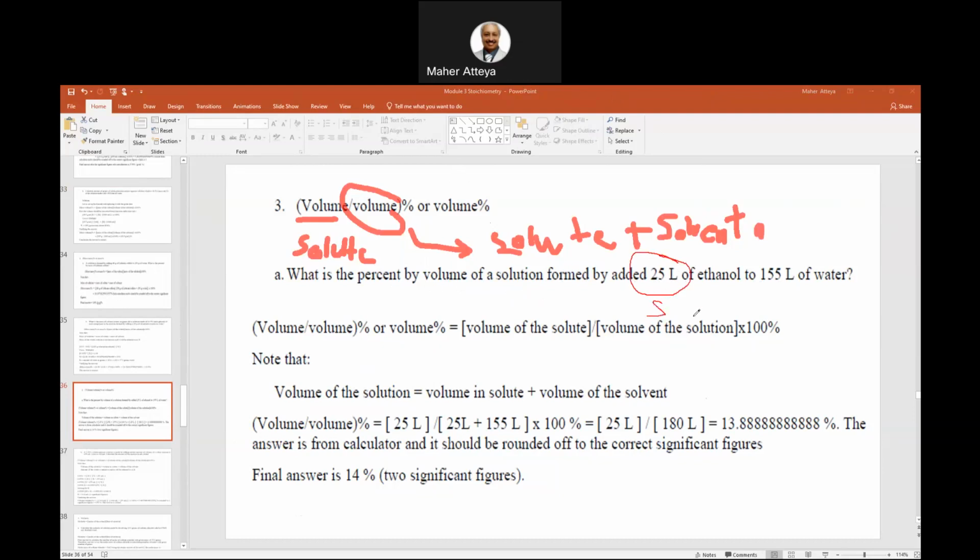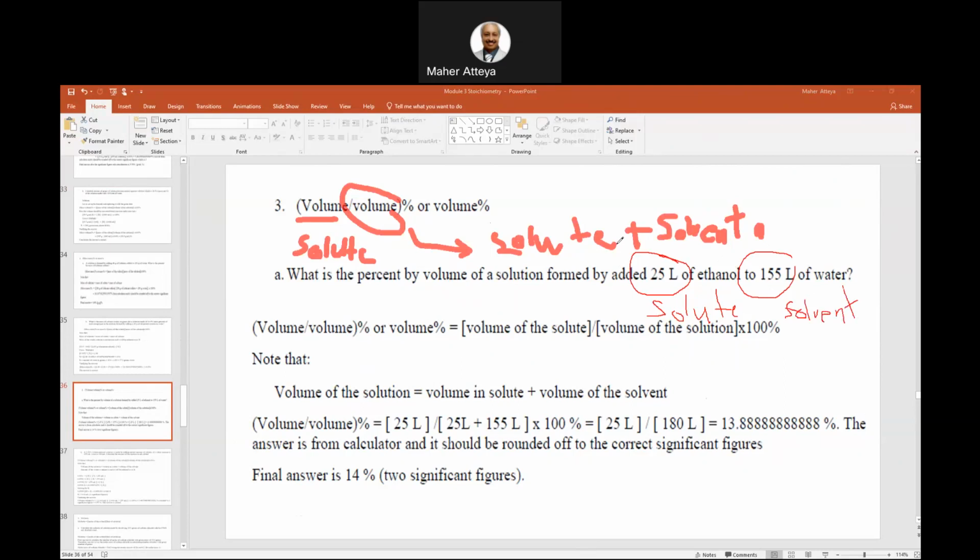So this one will be what? Our solute. Okay. This one, the large amount, will be our what? Correct, that's absolutely correct. That's the solvent, and they are mixing with each other and make a homogeneous mixture.